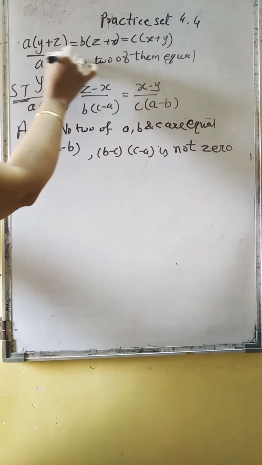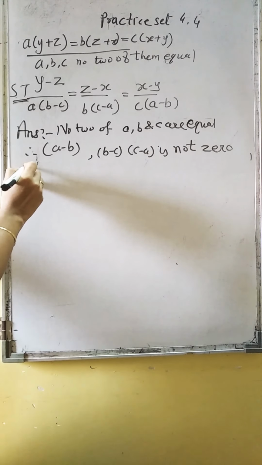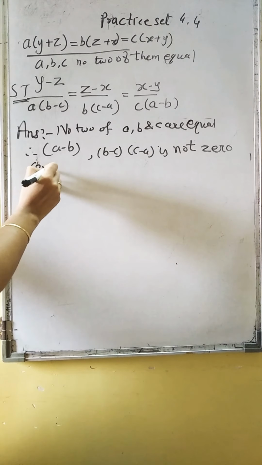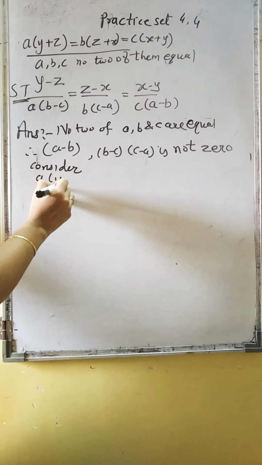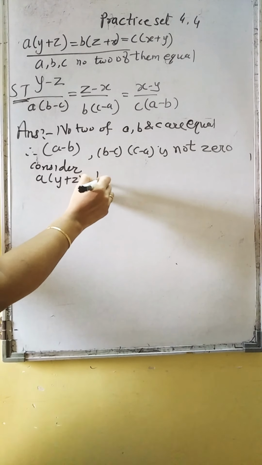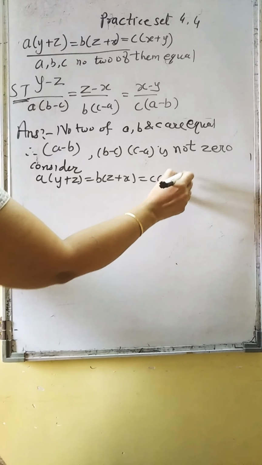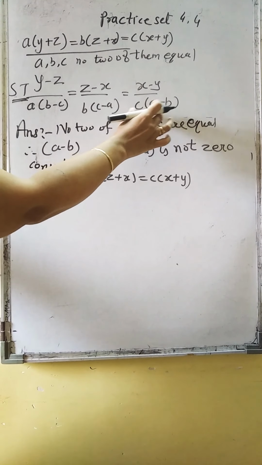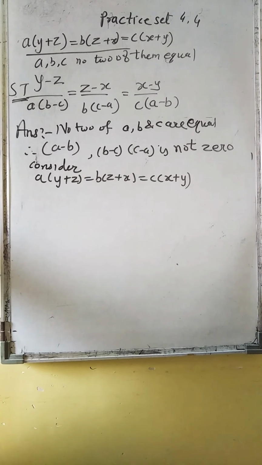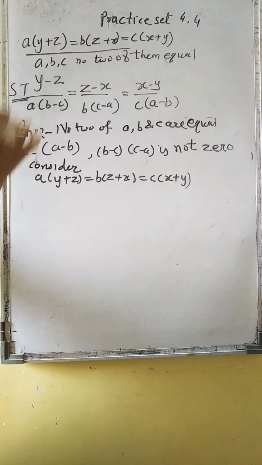So now we have just this thing, and from that we will begin. Right? So consider, what do you have? a into y plus z is equal to b into z plus x is equal to c into x plus y. This is there. Now you have something that should be there. So what do you do? Divide by abc all together.